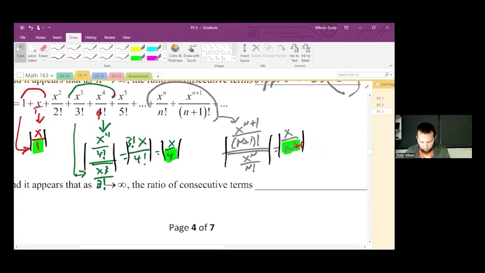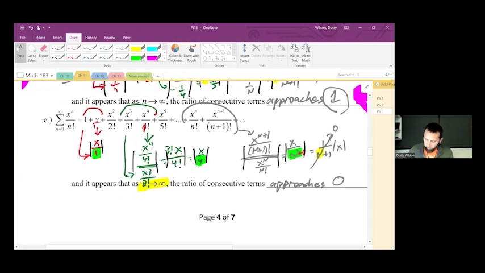Notice here that this would be equal to 1 over n plus 1 times the absolute value of x. And x, as far as n going to infinity is concerned, is only impacting the n. x is a constant. So this n plus 1 is going to go to infinity, and the x is remaining constant. So the ratio of the consecutive terms approaches 0.